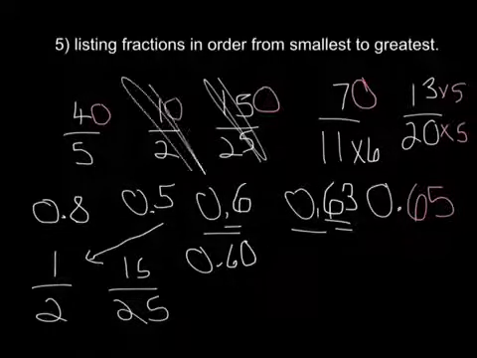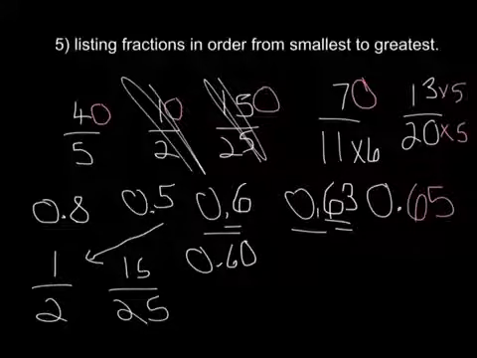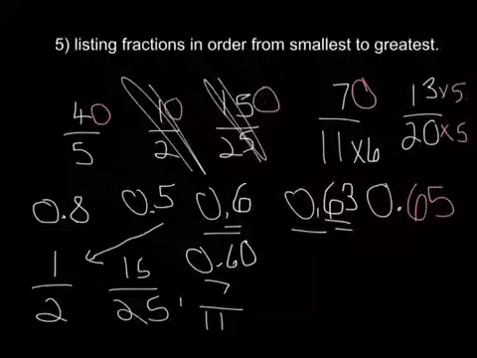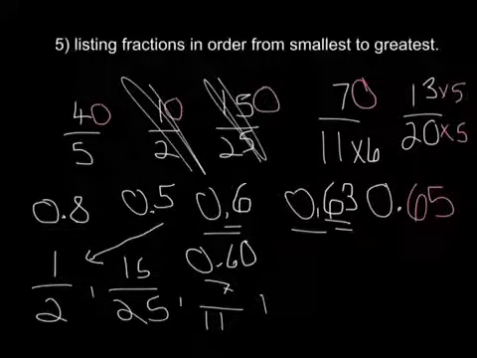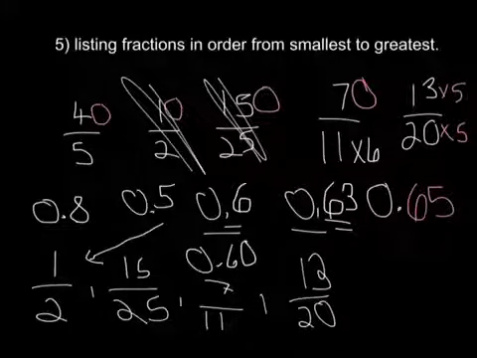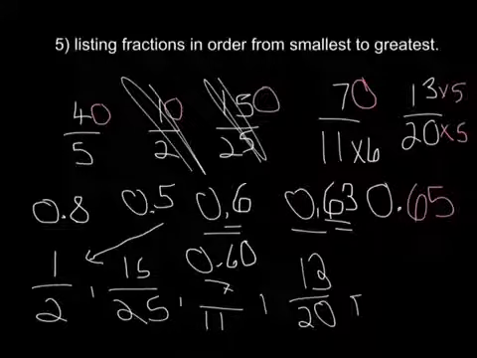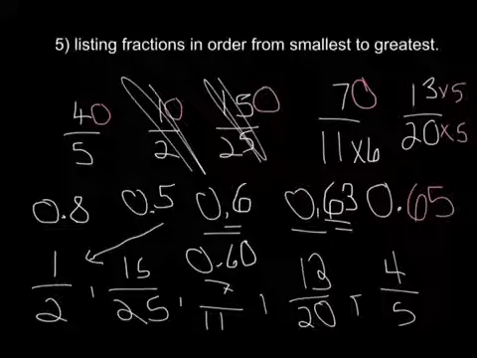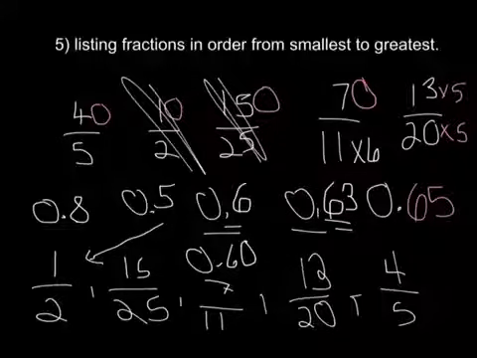And then we have the 63, so 7 over 11, and then we have 13 over 20, and then finally 4/5. And there you go, boys and girls. First turn it into a decimal, and then back into a fraction so that you know the order from smallest to greatest.